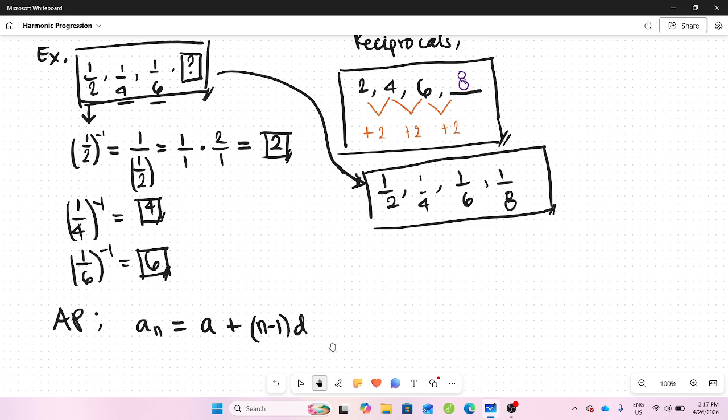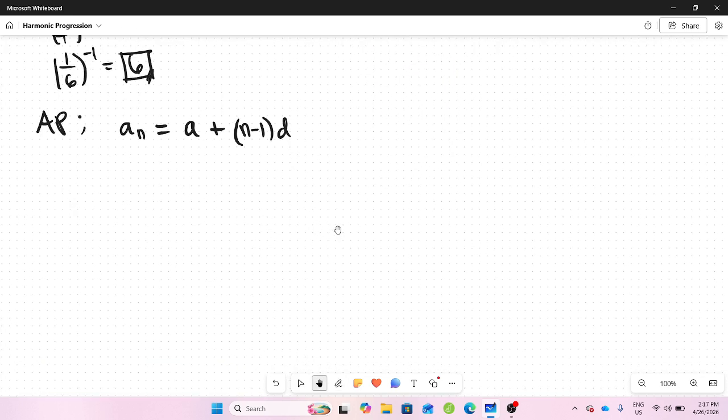Now for harmonic progression, HP, our nth term can be found simply by using this equation.